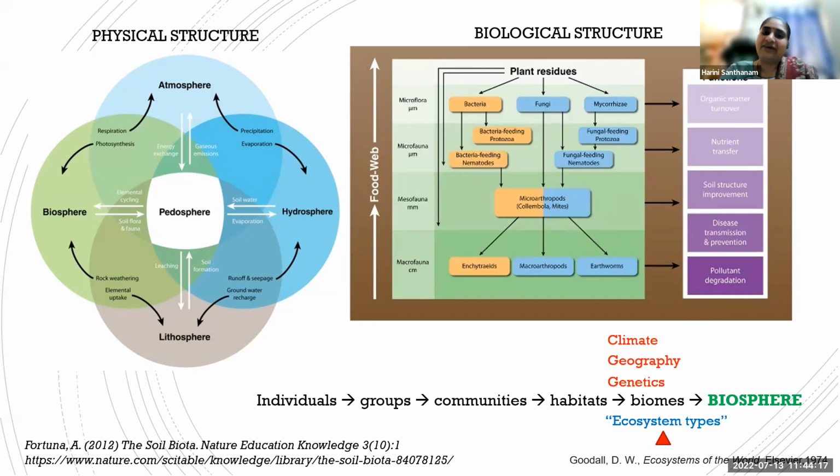But these have more of a physical structure than a biological structure. For example, the atmosphere deals mostly with the air environment, hydrosphere with the water environment, and lithosphere with the soil environment. The example shown here shows how the pedosphere, which is placed within the lithosphere itself, can act as an ecosystem by itself.